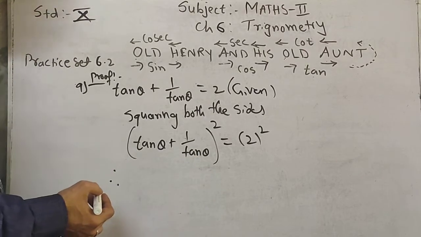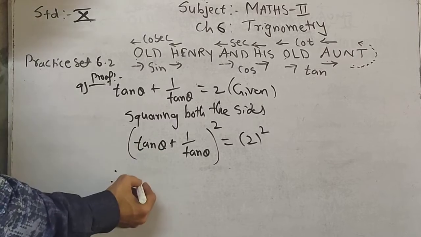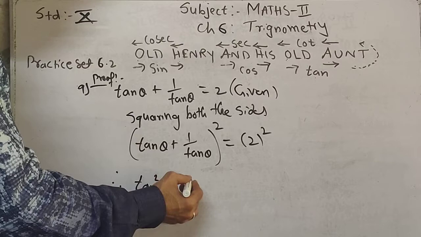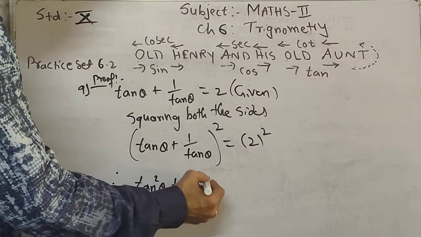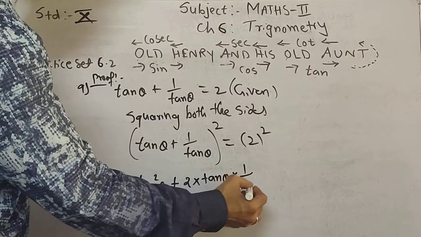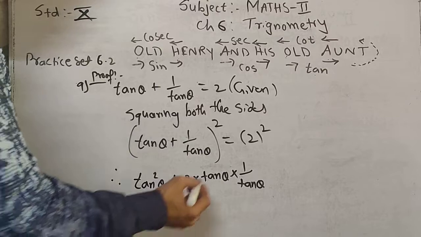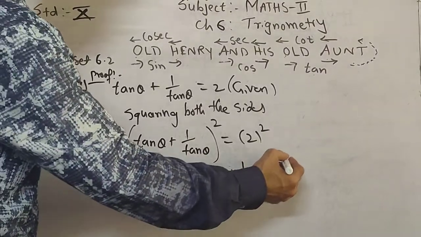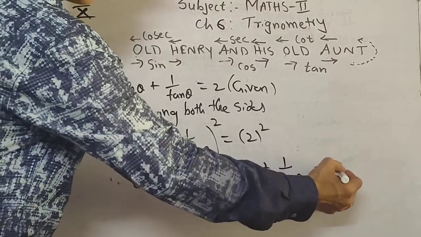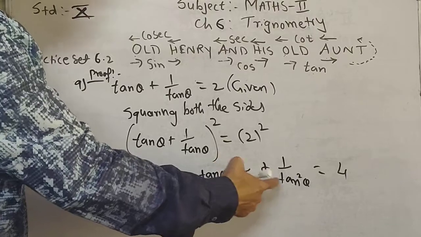You know a plus b the whole square is a square plus 2ab plus b square, means tan square theta plus 2 into tan theta into 1 upon tan theta, that is 2 into a into b, plus 1 upon tan square theta is equal to 4.